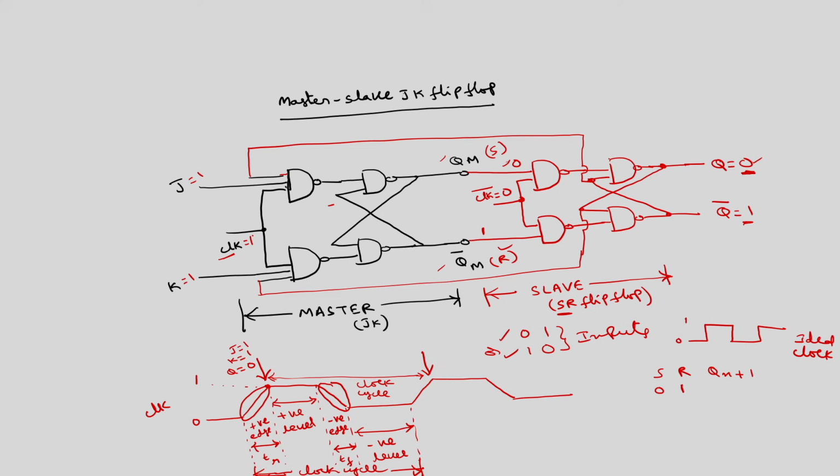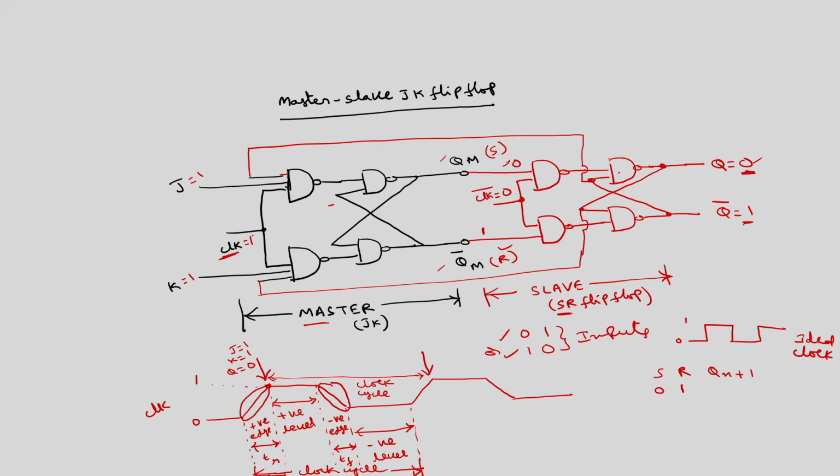These are the signals at various points where J is equal to 1, K is equal to 1. Okay. So, now what happens? Because this clock is equal to 1, this master flip flop will be enabled. Enabled in the sense it follows the truth table. So, what will be the outputs of this?